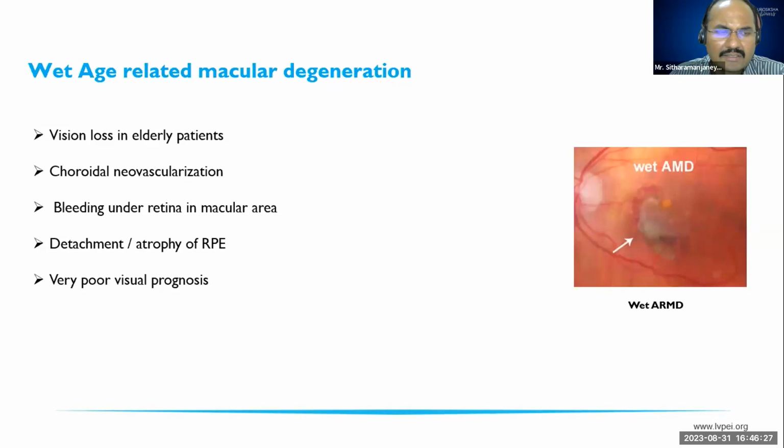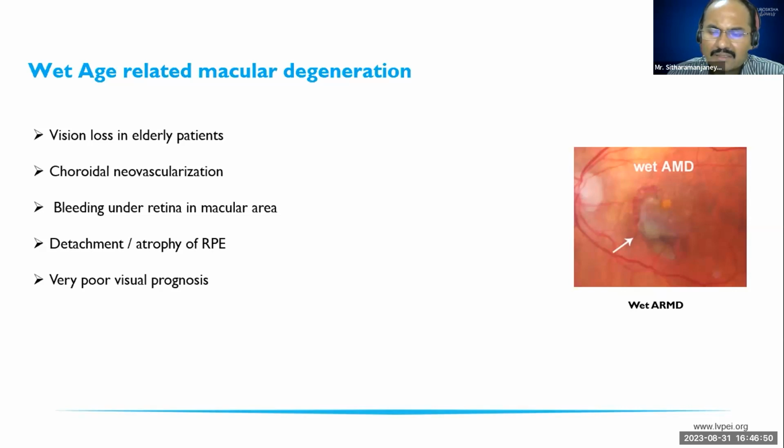The next one is wet age-related macular degeneration. This also causes sudden loss of vision in the elderly age group. What generally happens is that at the choroid level, under the retina, the patient will develop new blood vessels.